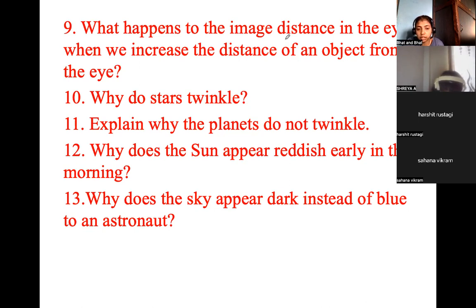For a person with normal eyesight, if you increase the distance, so even if you increase the distance or you decrease the distance, the image will be formed on the same retina, correct?